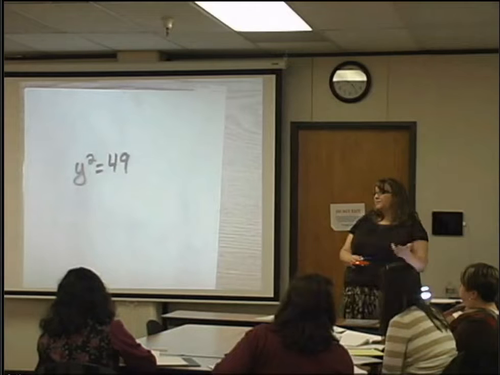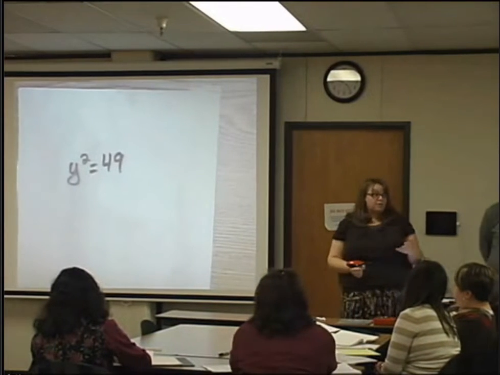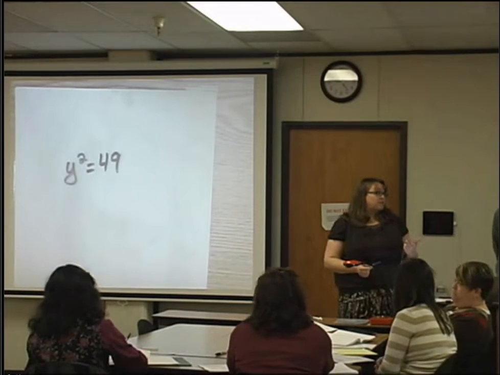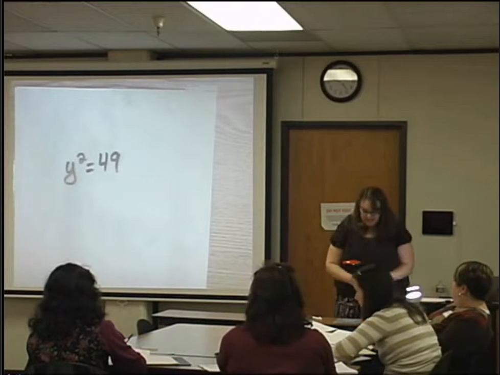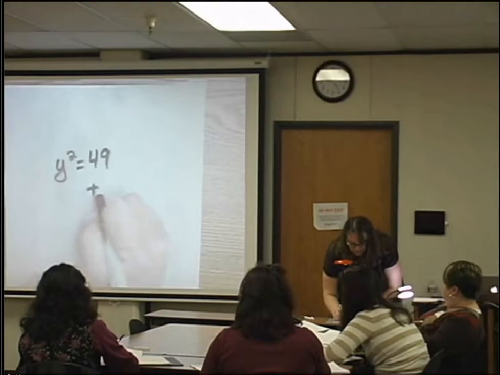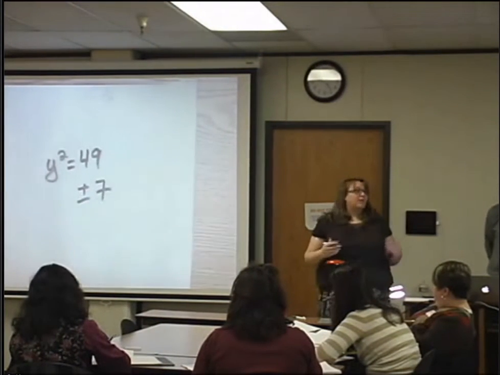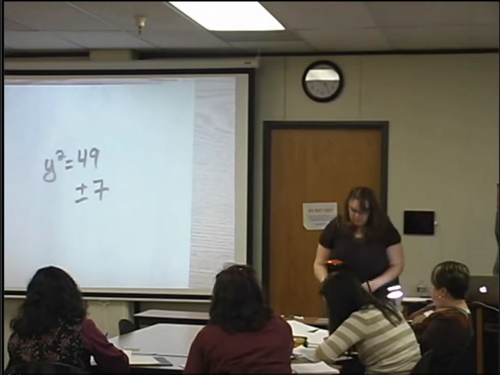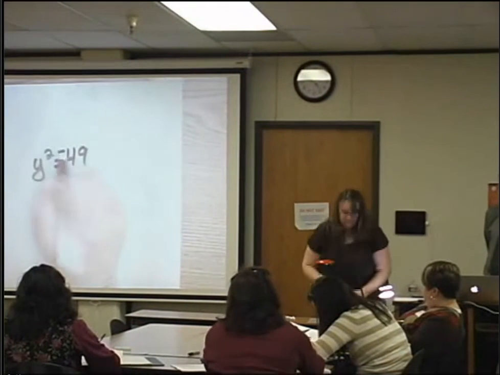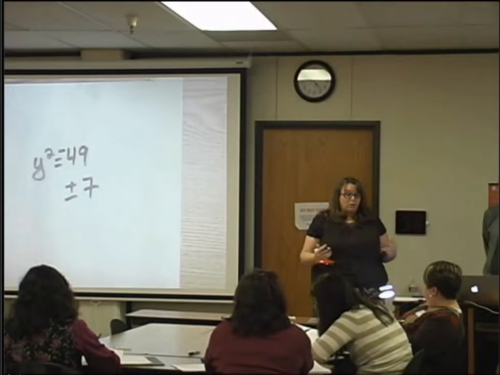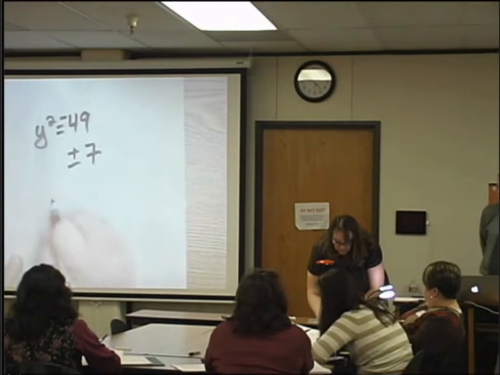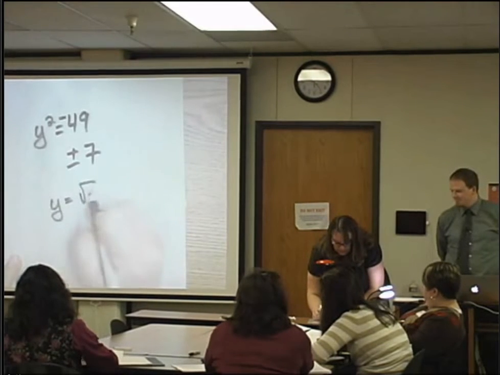Because a negative times a negative is positive. So it also satisfies. Because it's a square, it has two answers. It has the answer of both positive and negative 7. So they come in pairs. Now if we put that negative back in there, I've got to take the square root of negative 49.